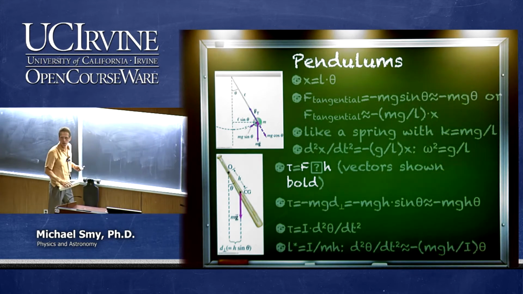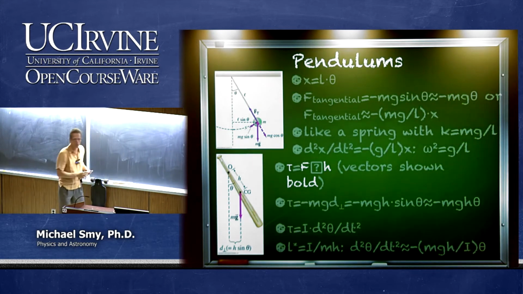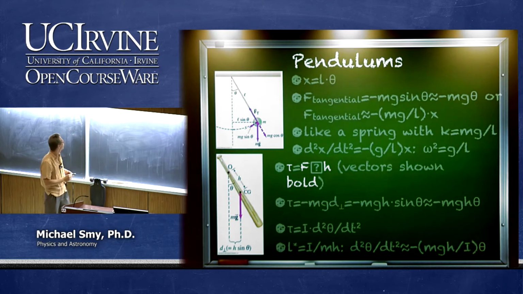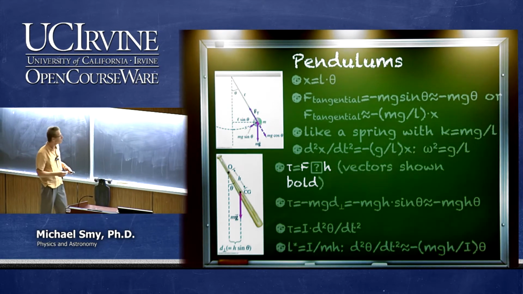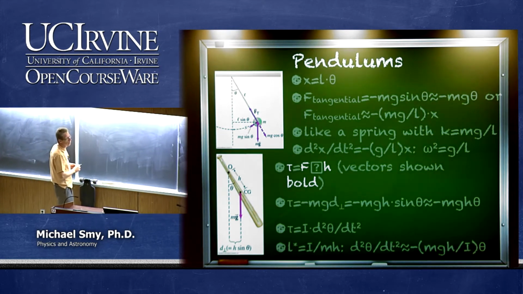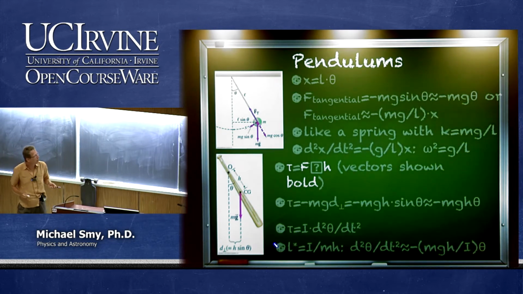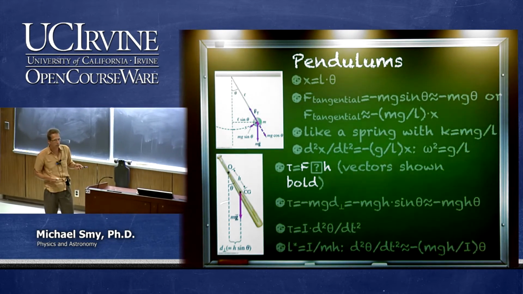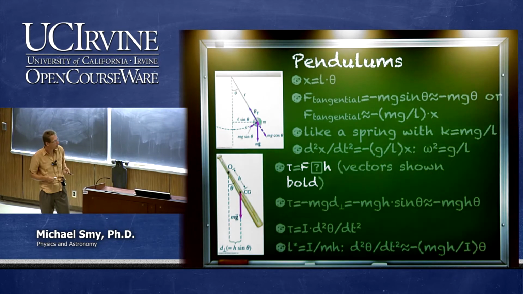So just to make sure everybody heard, he asked me to explain the concept of the reduced length again. The idea is that we want to treat this complex pendulum like a simple one.